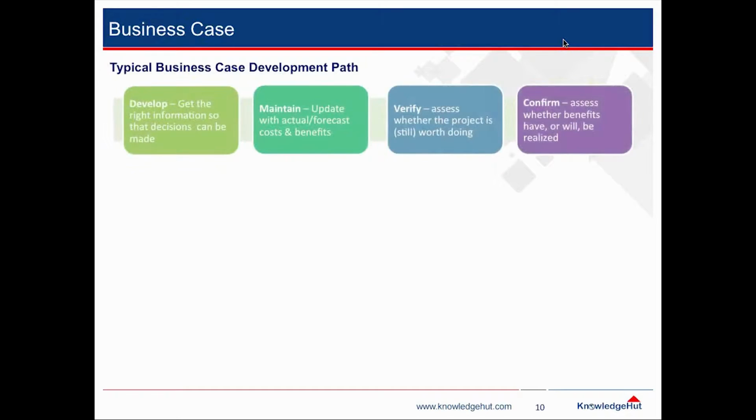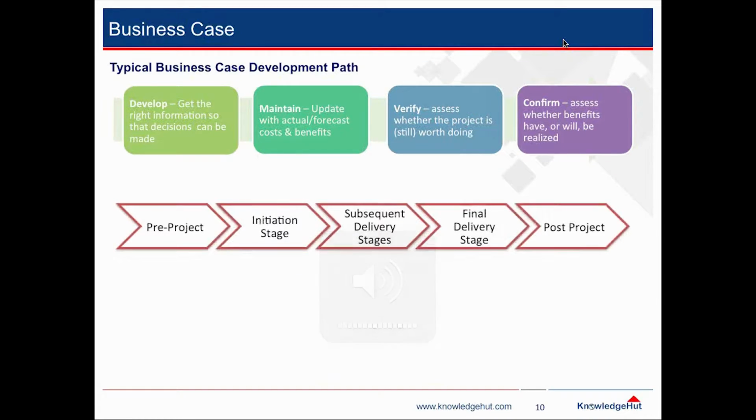That can also be expressed graphically. If we look here at the typical business case development path, we're moving from developing, gathering the right or required information, to maintaining, verifying, and confirming. And that is supporting this underlying typical project flow from the pre-project phase to the initiation, subsequent delivery, final delivery stages, and any post-project requirements.